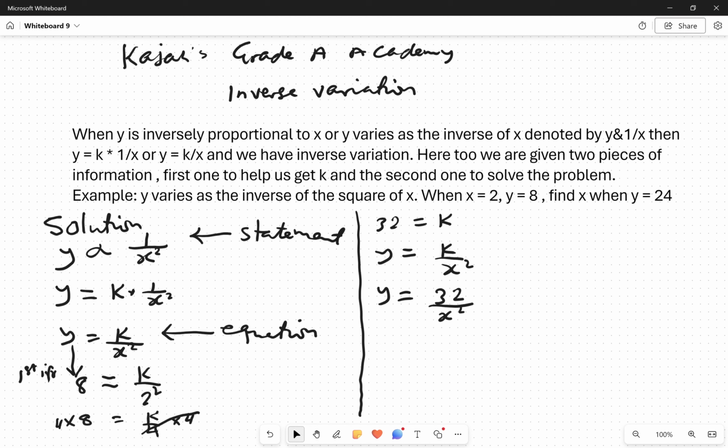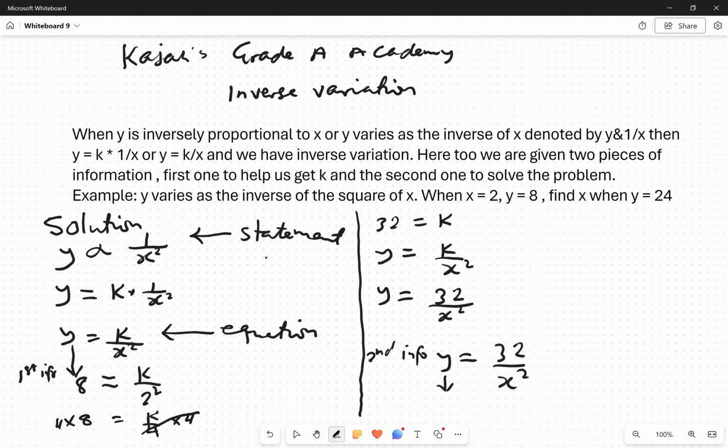So, second info, we want to find the value of x when y is 24. So we can rewrite the equation. Y equals 32 over x squared, and the value of y is given.